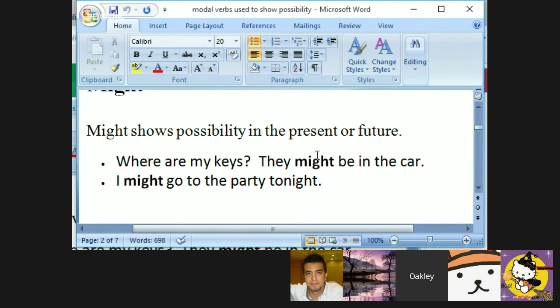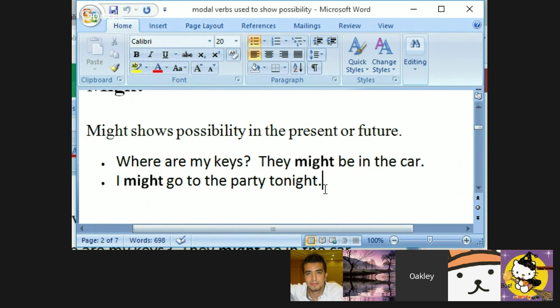Absolutely. Now, I have to say, using may and might, to some degree, in spoken English, you might be able to change those 50-50 odds just a little bit by changing your intonation. I might go to the party tonight.